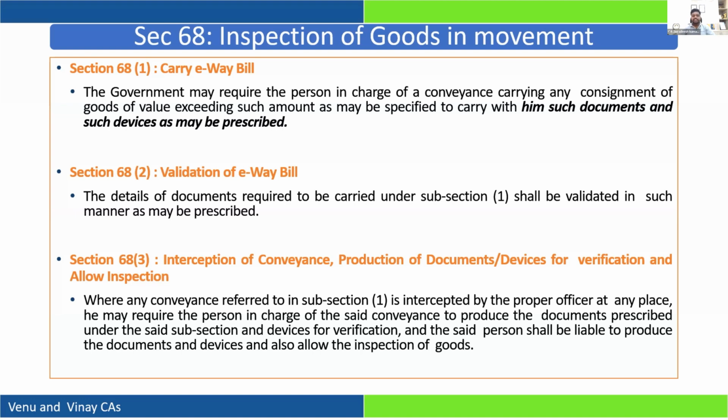It also gives power to verify those documents and inspect the conveyance. So only this much is given in section 68. As I said earlier, it is an enabling section which prescribes the required documents that need to be carried by the person in charge of the conveyance.